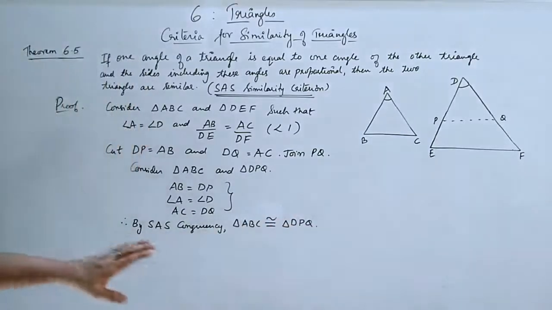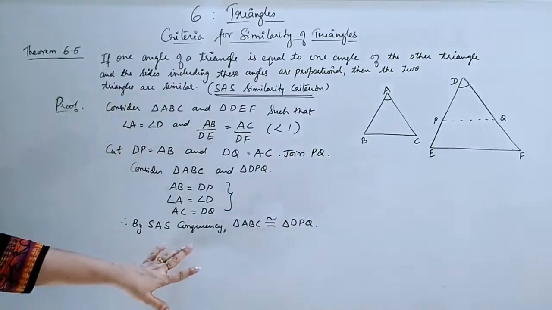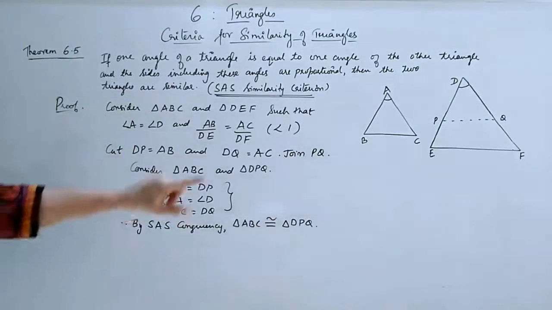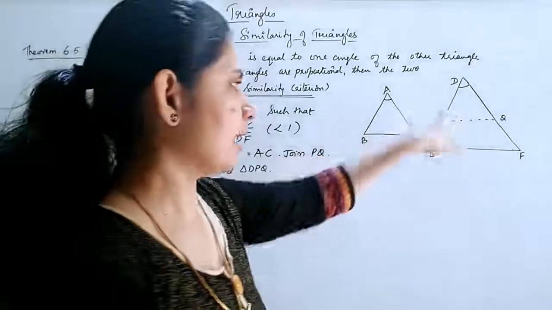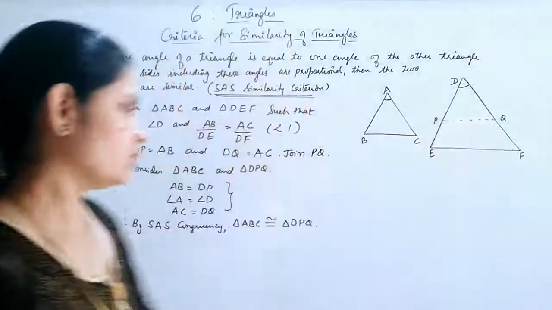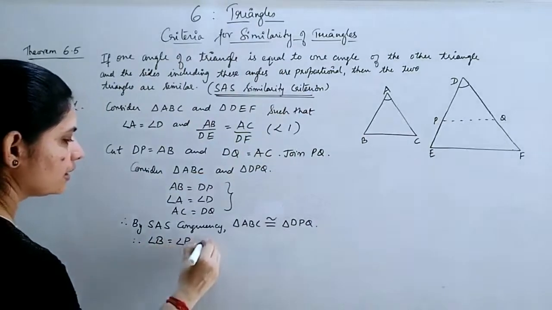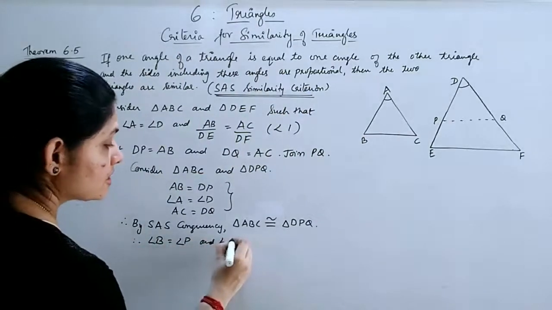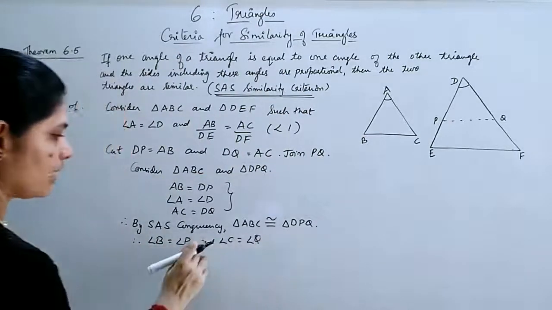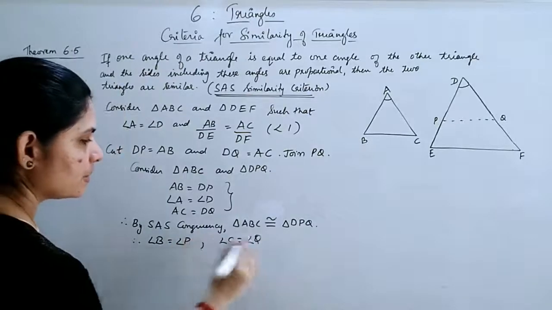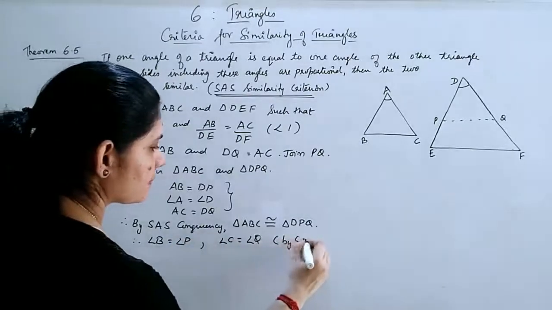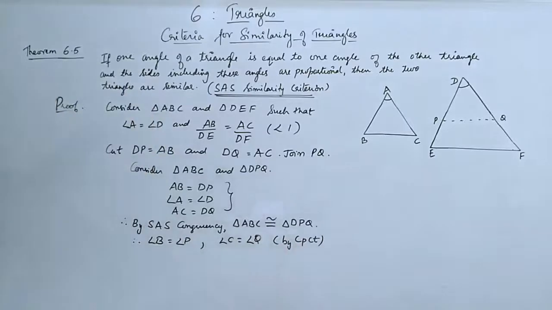Now since we have this congruency, the remaining parts will be equal, so angle B is equal to angle P and angle C is equal to angle Q, by CPCT.